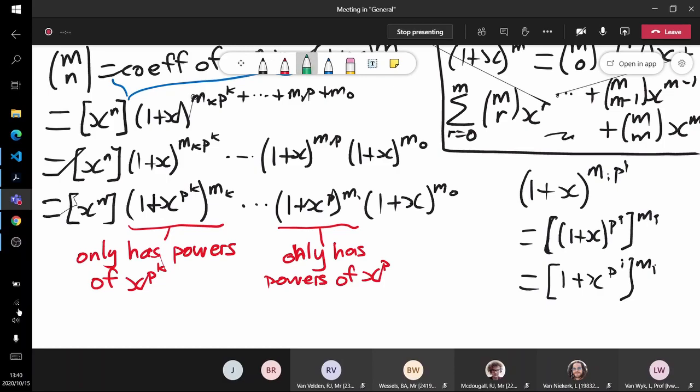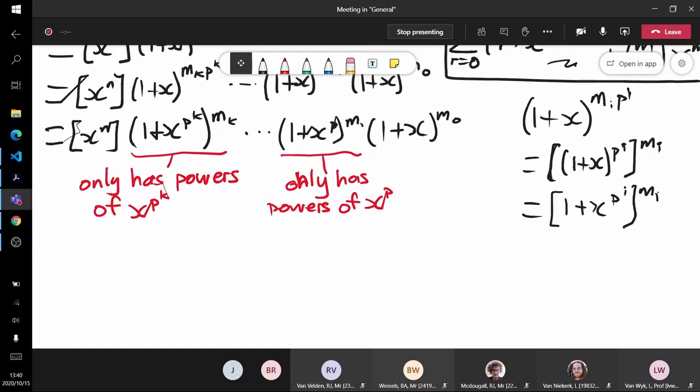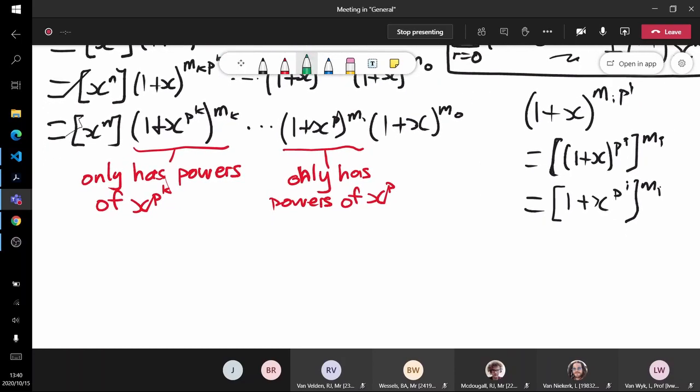The second thing to notice about each of these brackets is that because these digits, m_0, m_1 up until m_k, are each only between 0 and p minus 1, this first bracket has no bigger powers, so no powers of x to the p to the k plus 1.